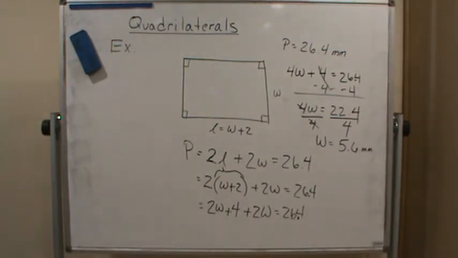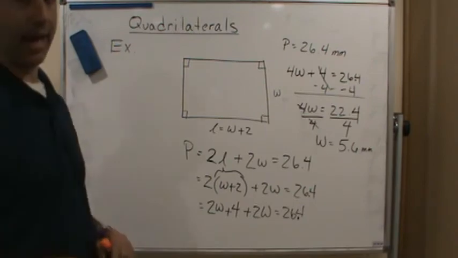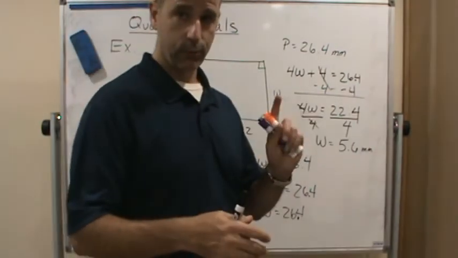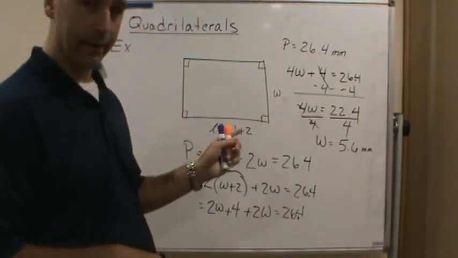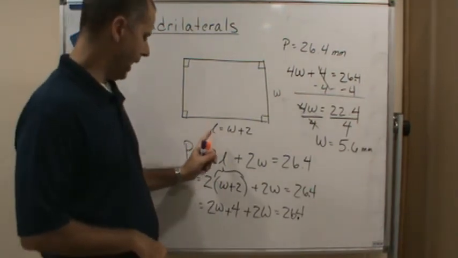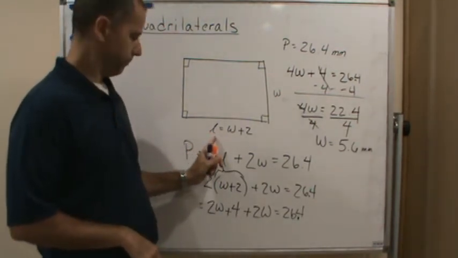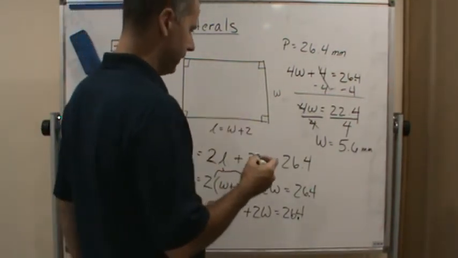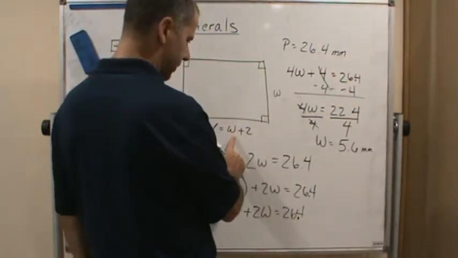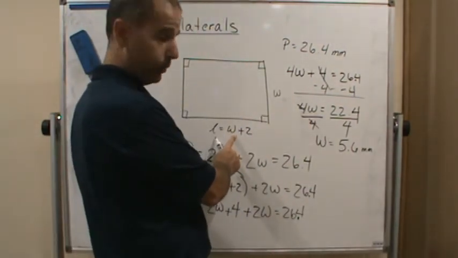Now I need the other dimension because they asked me to solve for both of them. So we got width, now length. I can use this formula and I'm done, right? Because I've got W, so I just have to put W in here.